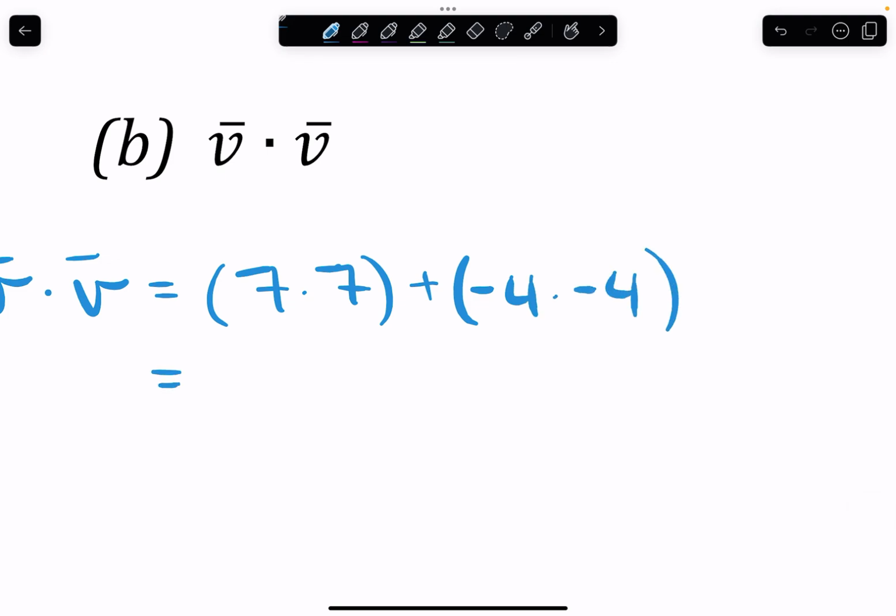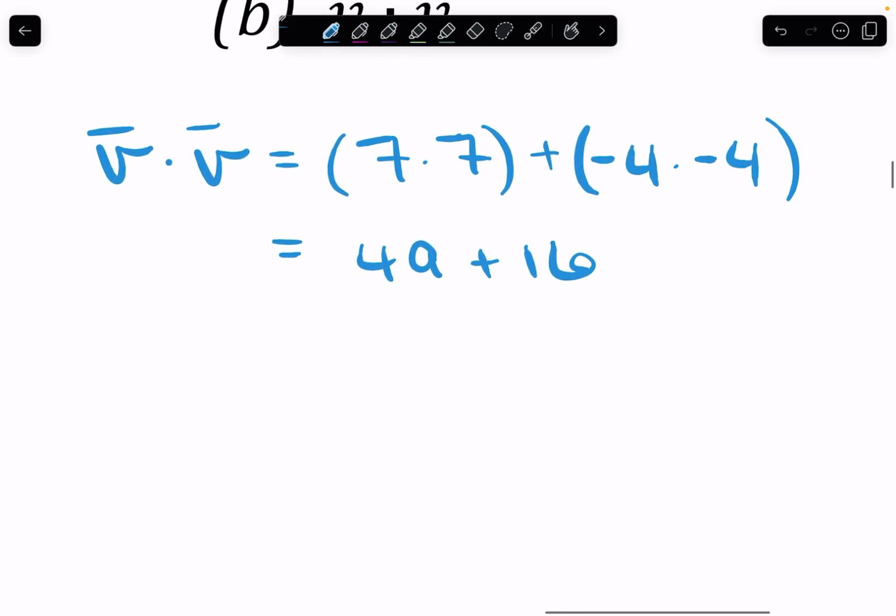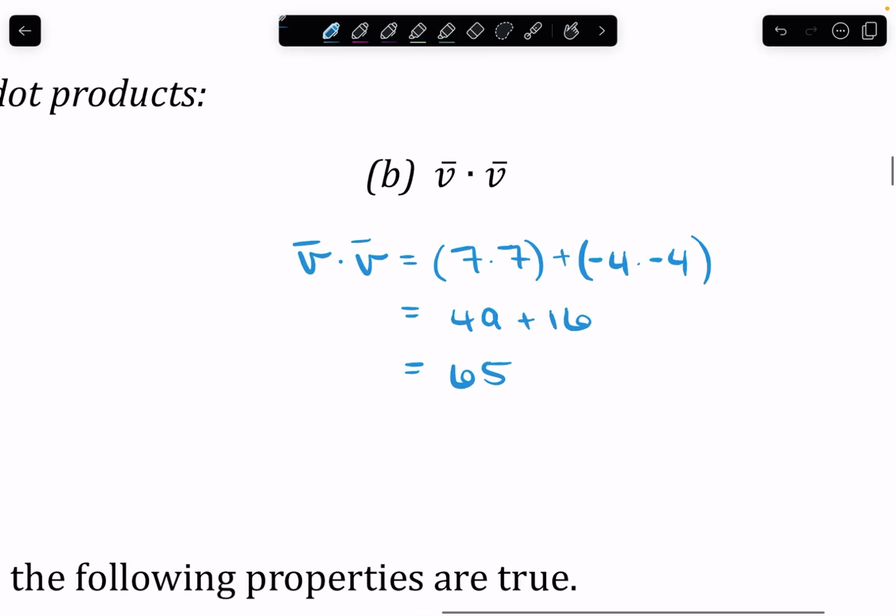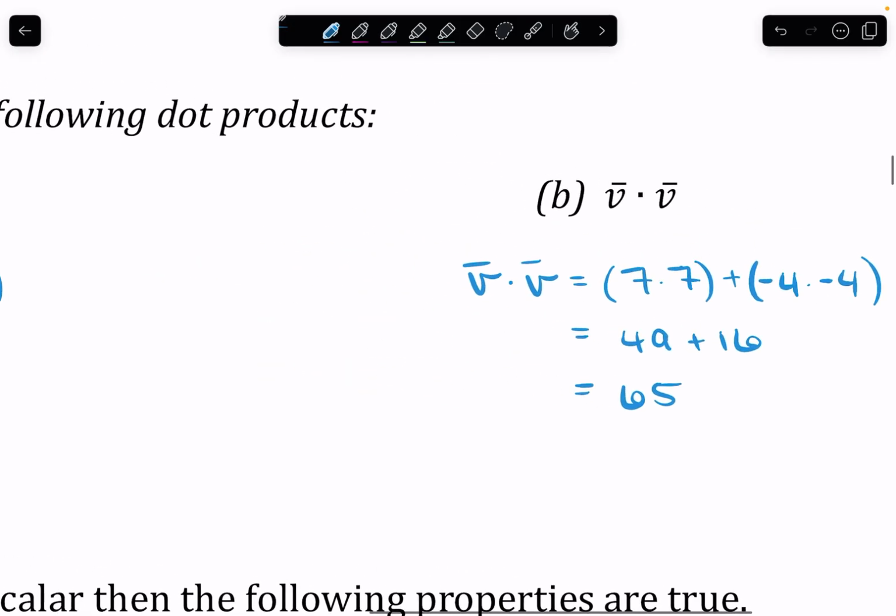So we're going to get 49 plus 16. And then we do a little algebra, 49 and 16. Sometimes my addition's a little off. 65. And then that was it.